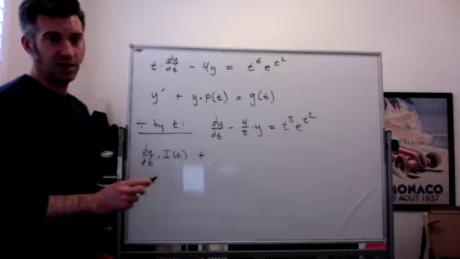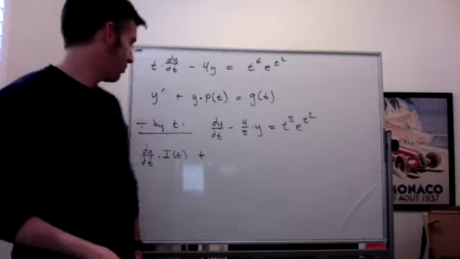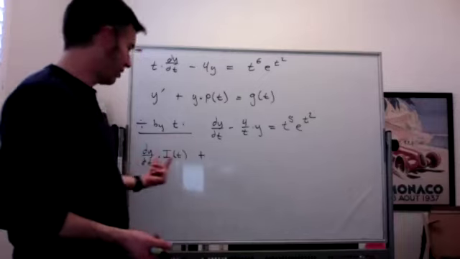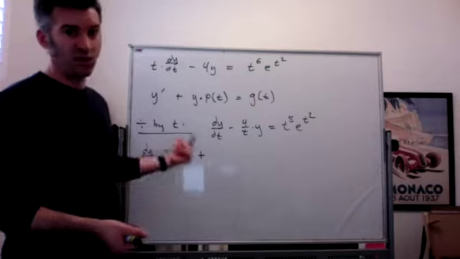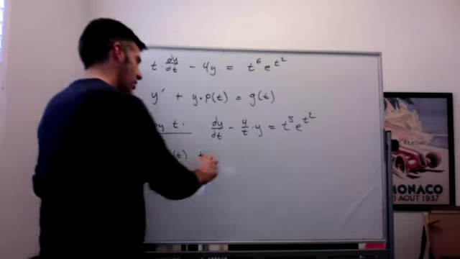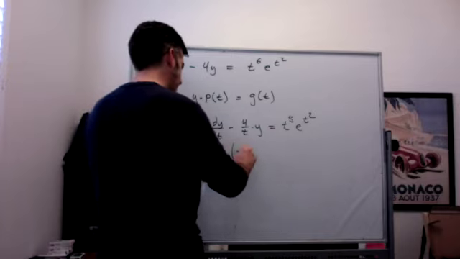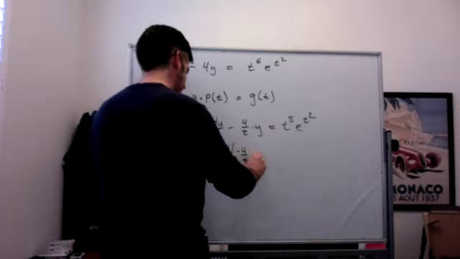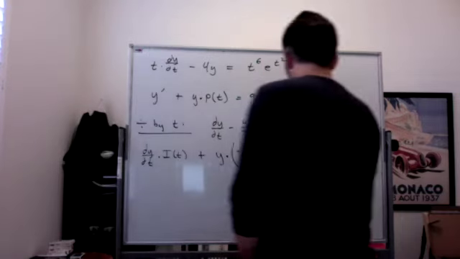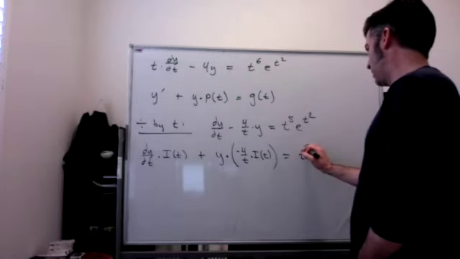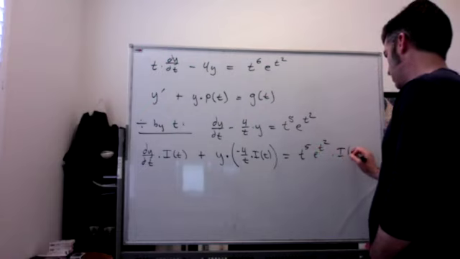Plus, because I'm trying to make it look like a product rule. And the product rule is always the derivative of one thing times the other thing plus the first thing times the derivative of the other thing. So I'm going to write this as y times negative 4 over t times I of t equal to t to the fifth e to the t squared times I of t.